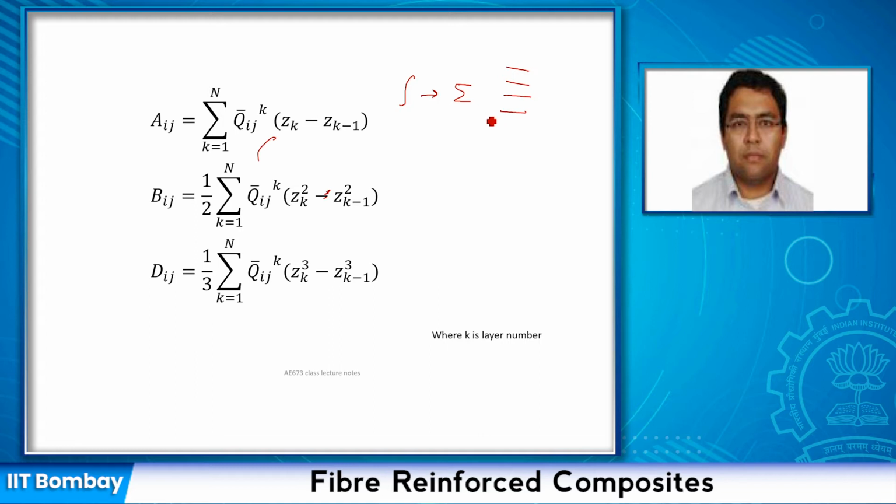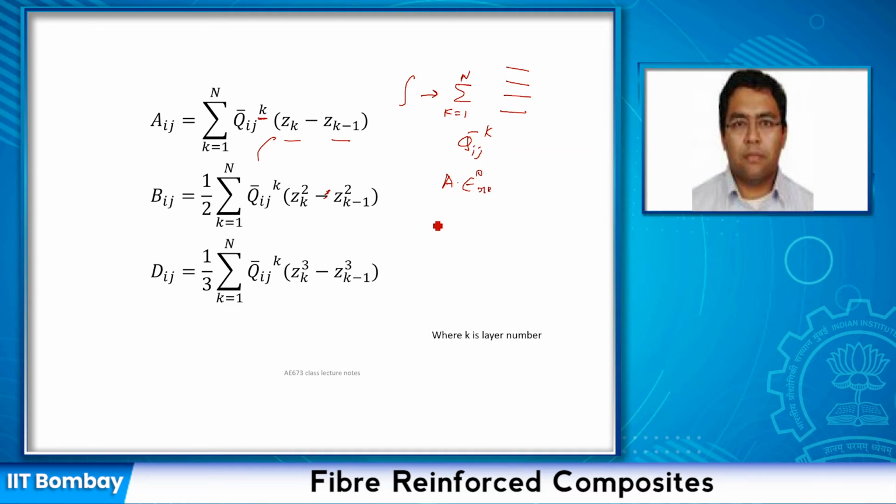So we say k is going from 1 to capital N as I have written, and now your q bar ij is for every k layer. So you have to define for every layer your q bar ij, and z. So one term is zk minus 1, for the constant term. That means the A matrix is only multiplying epsilon 0 terms.